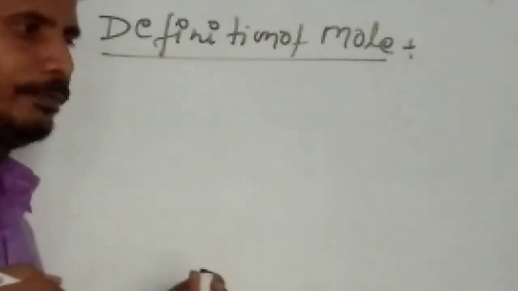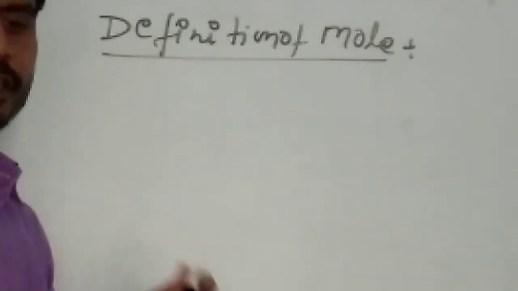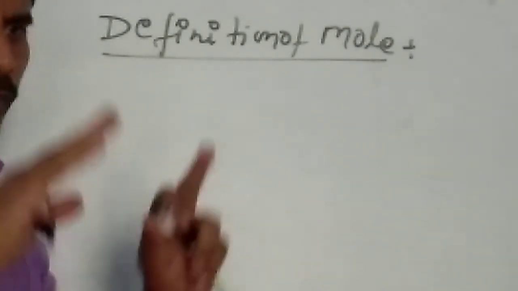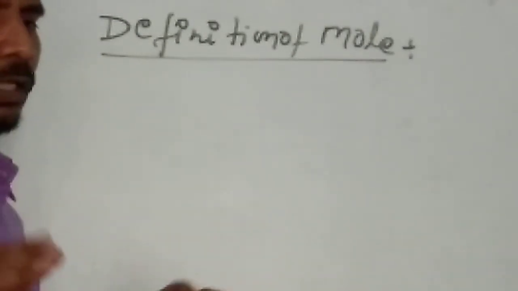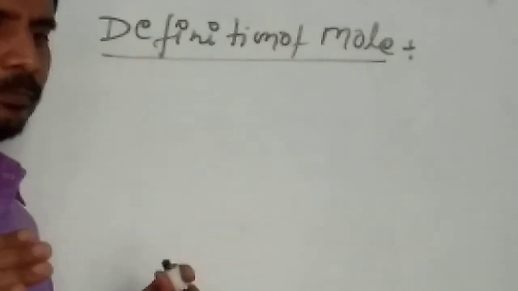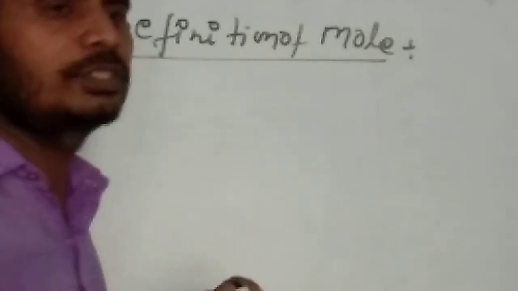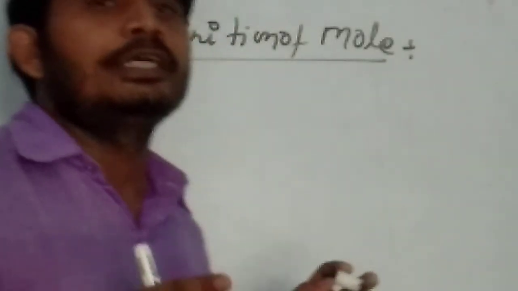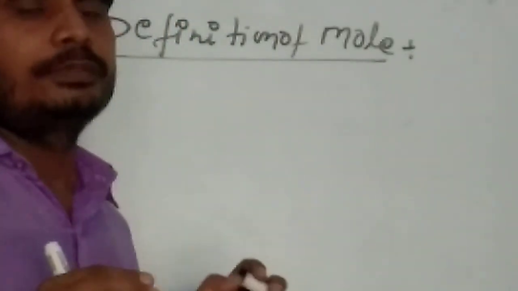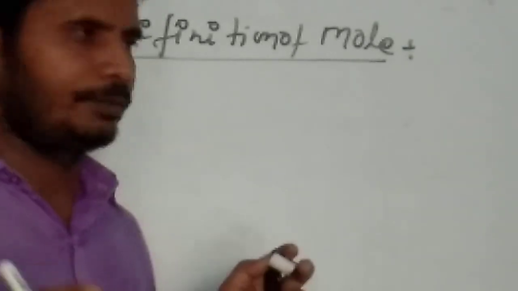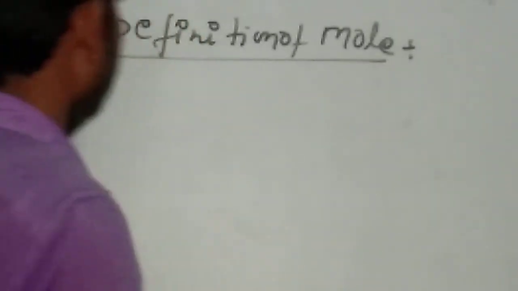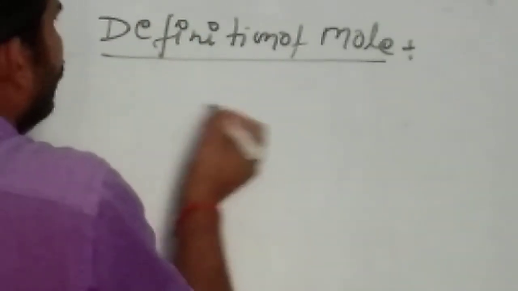One mole is any compound which contains as many entities as atoms present in 12 gram of carbon 12 isotopes. You also explain definition of mole.